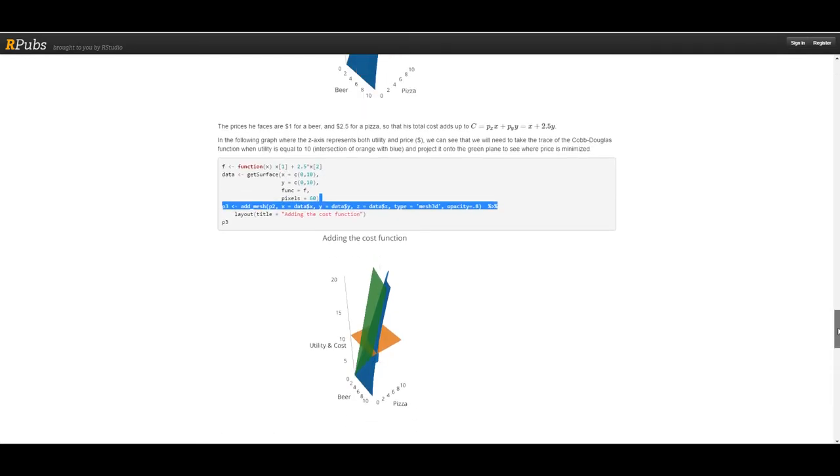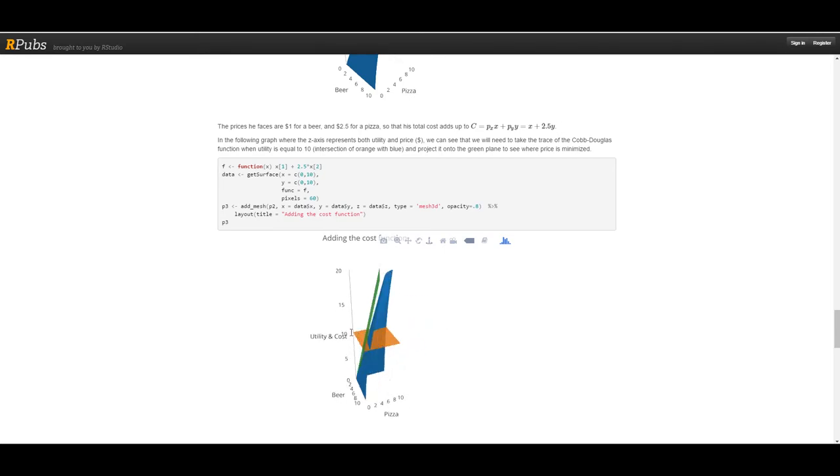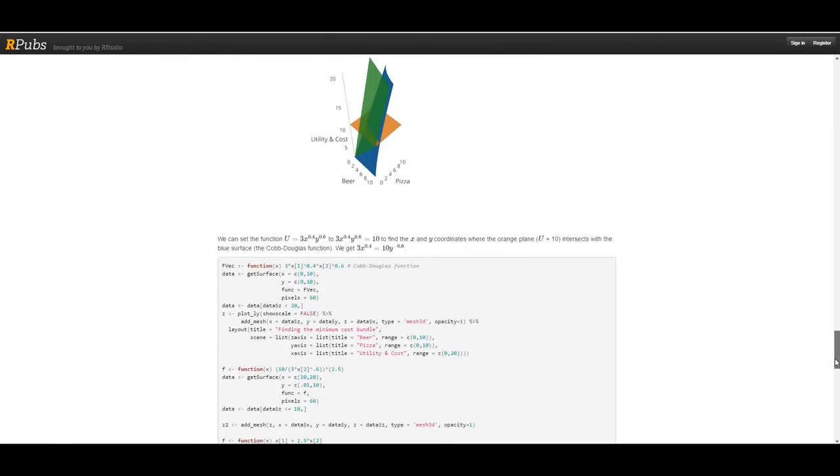In the following graph, we then add a green structure in order to visualize this cost function. We see that we will need to take the trace of the Cobb-Douglas function when utility is equal to 10, which is the intersection of the orange plane and the blue Cobb-Douglas function, and project it onto the green plane to see where the price is minimized.